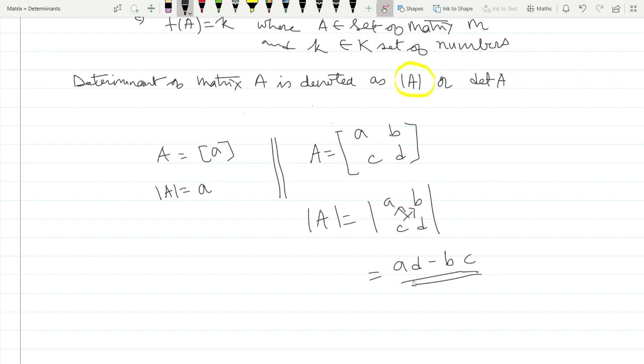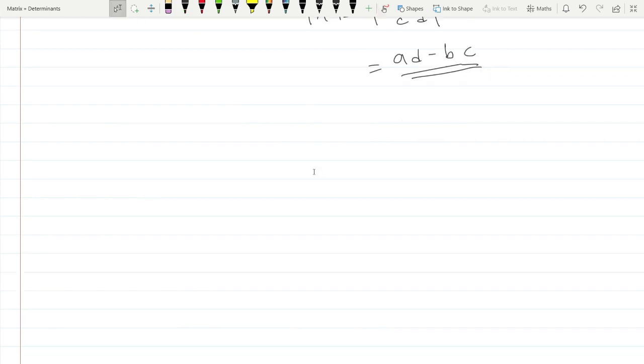Now, let us see the geometrical interpretation of determinants. We know that a matrix is an array of numbers or functions. So a matrix can be used to represent a vector or a point in a space. So let us multiply a 2 by 2 matrix with a point in the Cartesian plane.